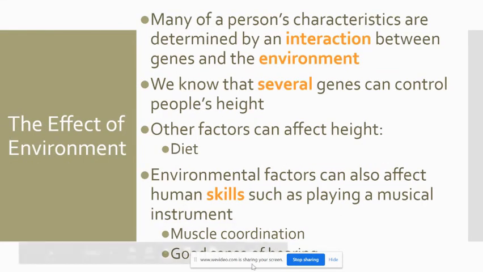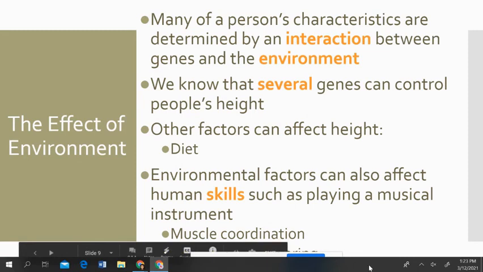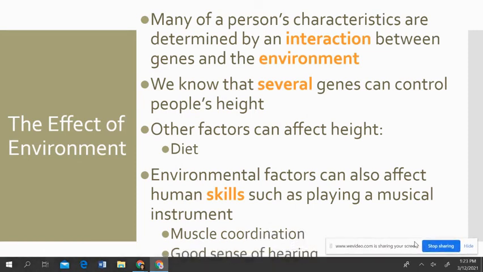The last thing then, the effects of environment. A person's characteristics are determined by the interaction between genes and the environment.